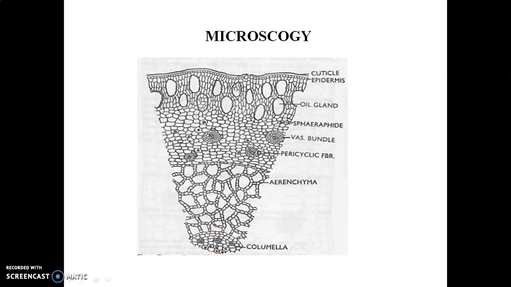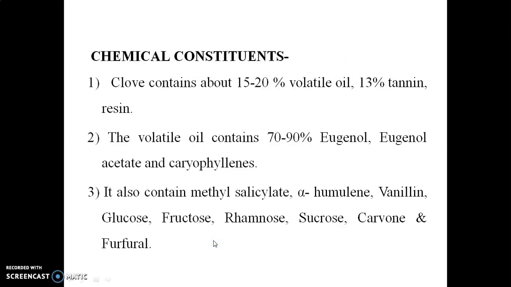Then next is regarding the chemical constituents. This clove flower bud contains about 15 to 20% volatile oil, which is the main constituent. Then it also contains about 13% of tannin and resins. In the volatile oil, the active constituent is eugenol, present in a concentration of about 70 to 90%.